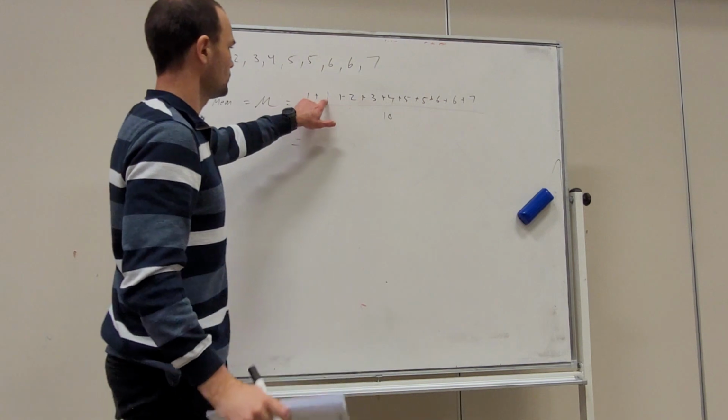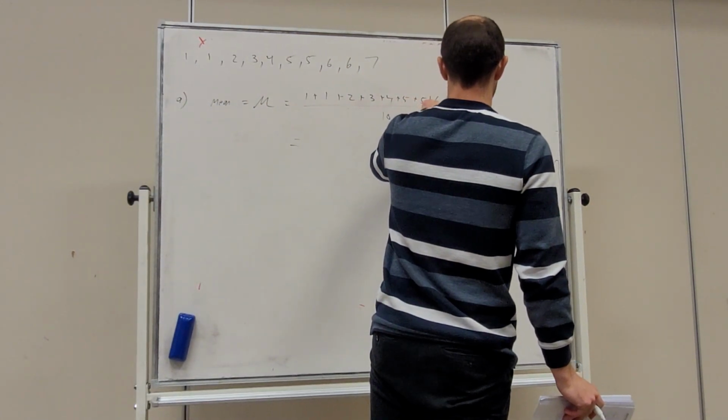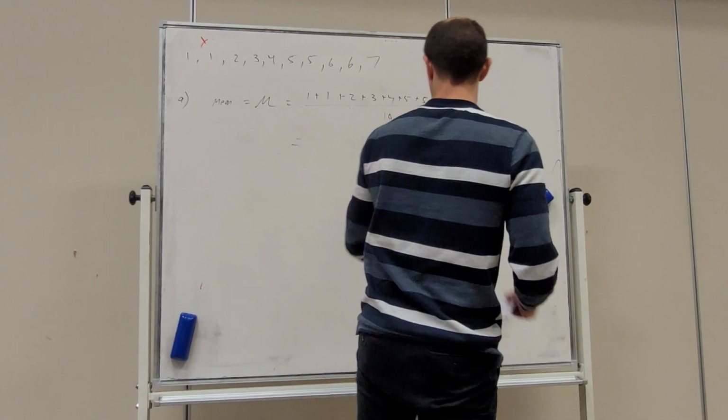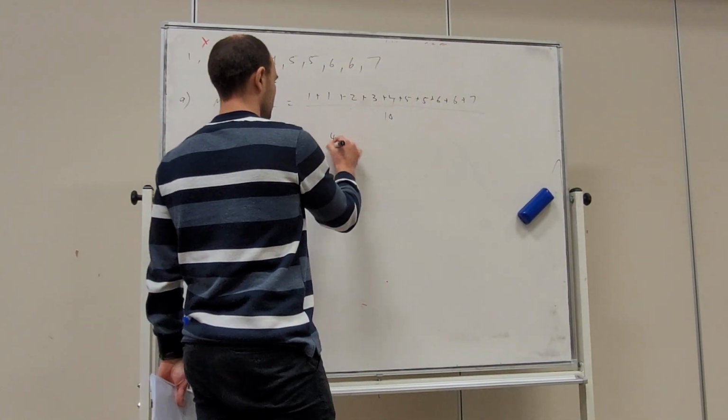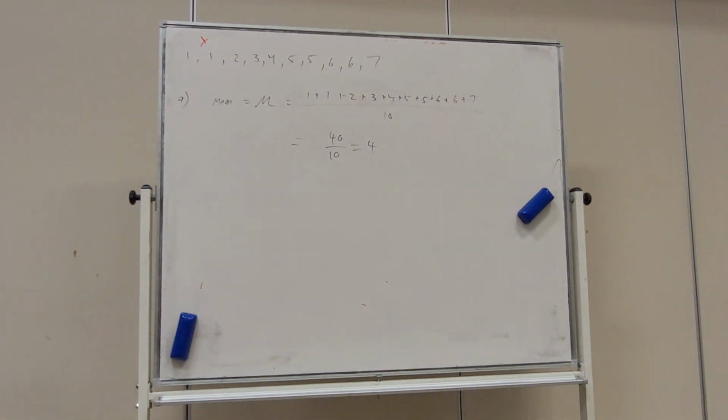So what have we got? 2, 4, 7, 11, 16, 21, 27, 33, 40, divided by 10, 4. So the average result here, the mean, is 4.